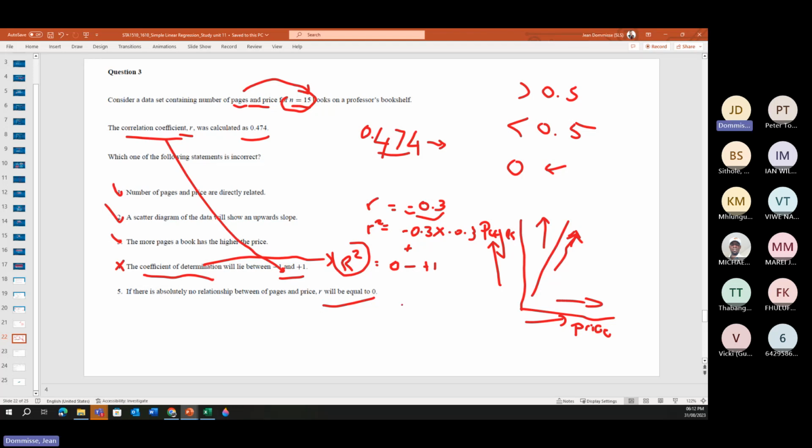So if there's no relationship and it's equal to 0, your coefficient of determination will also be equal to 0. That is the only time where r squared will be equal to 0, when your correlation coefficient is also equal to 0. Okay, so that's a bit on the theory side.